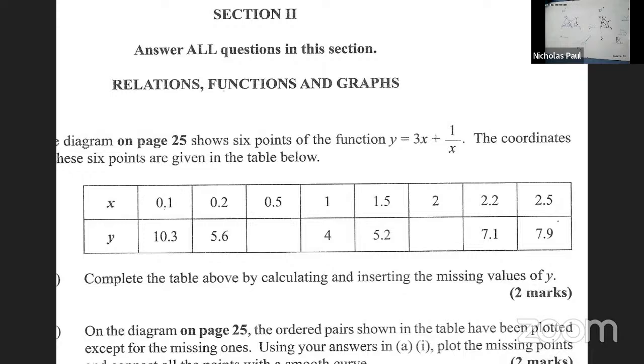Complete the table, one decimal place, right? Put down the values and let us sort it out.